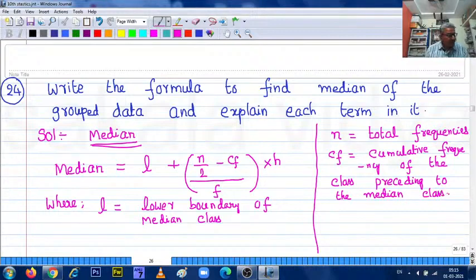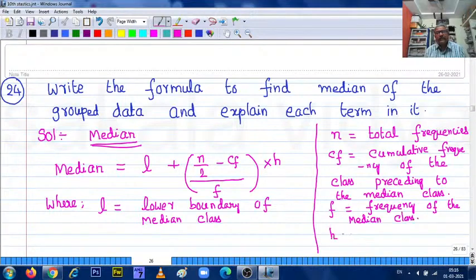Next F is equal to frequency of the median class. So H is equal to size of the class, or class size.